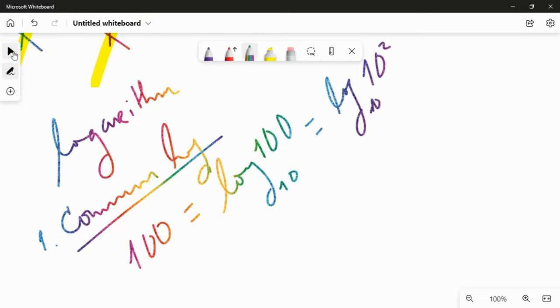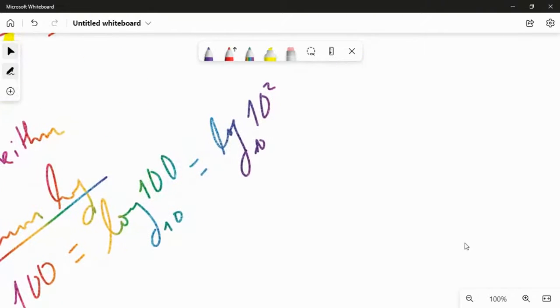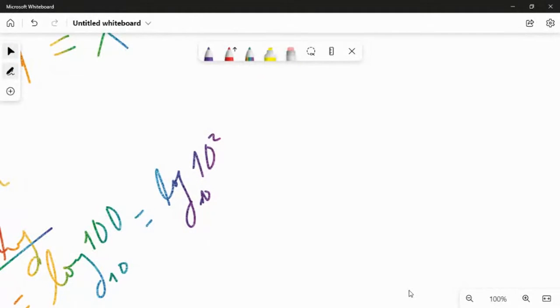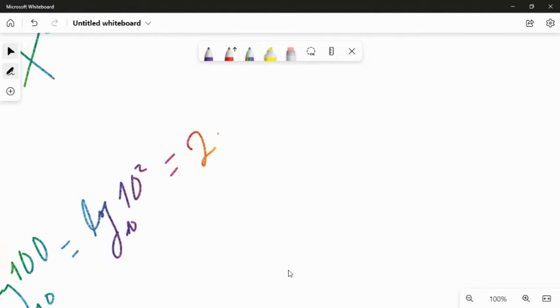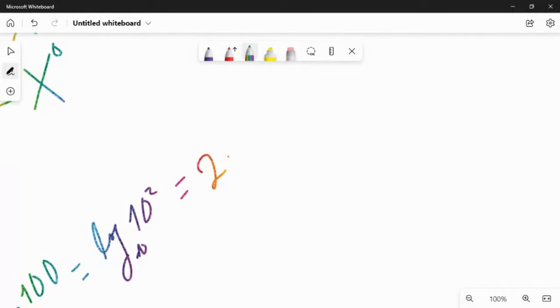And then base 10 log of 10 squared can be rewritten as 2 times base 10 log of 10. Now, what is base 10 log of 10? The value is 1?